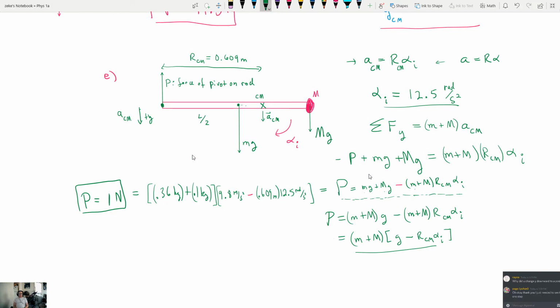Why did I change y downward to positive? It's because all three of these vectors right here are going down, and the way that I do Newton's second law problems, in order to not make any mistakes, is when possible, I take the direction of the acceleration to be positive.